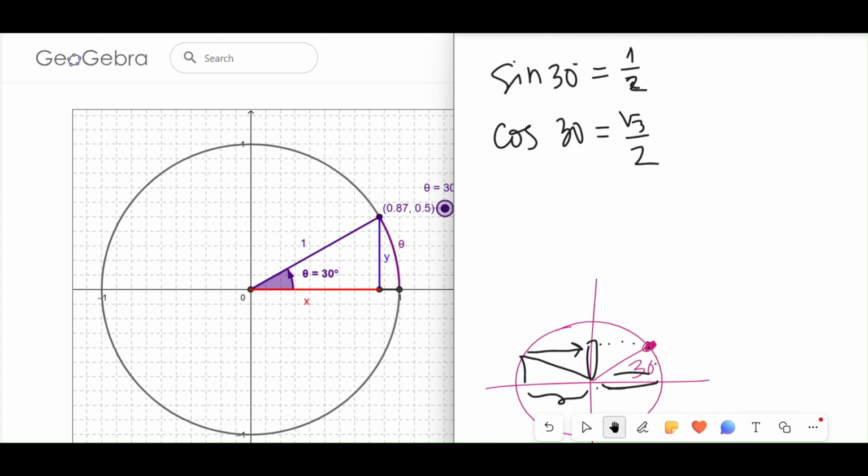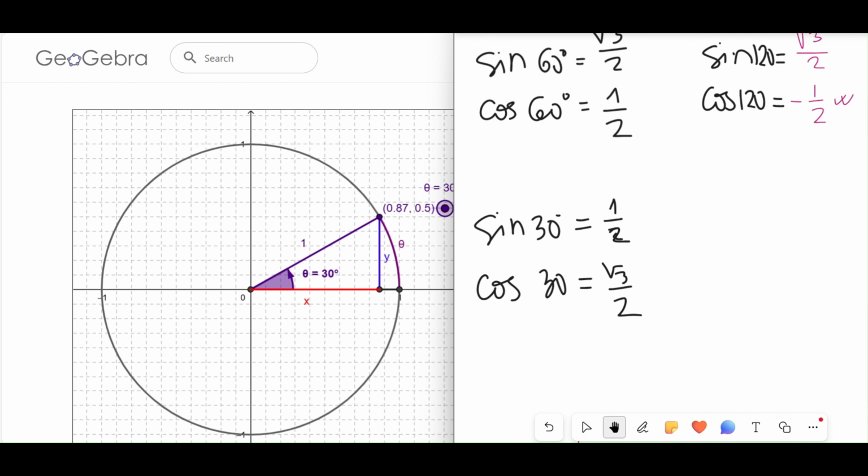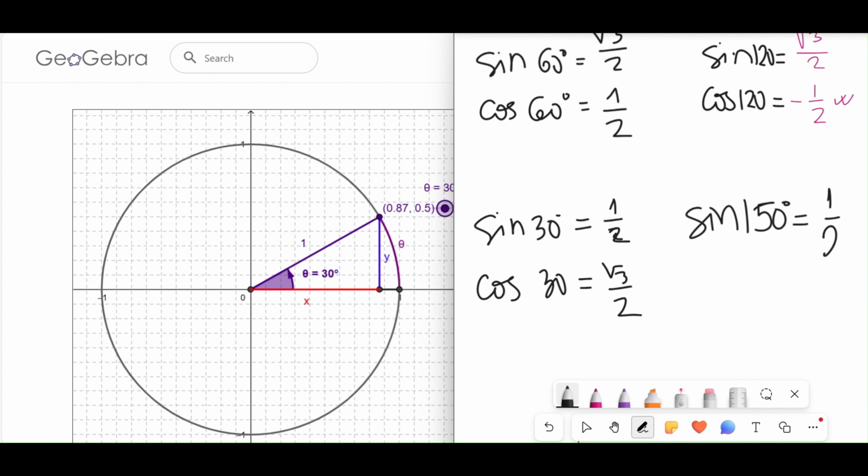So basically, sine of 30 degrees is the same as sine of 150 degrees, and it is 1 half. While cosine of 150 degrees would be only negative cosine of 30 degrees, which is negative radical 3 over 2.